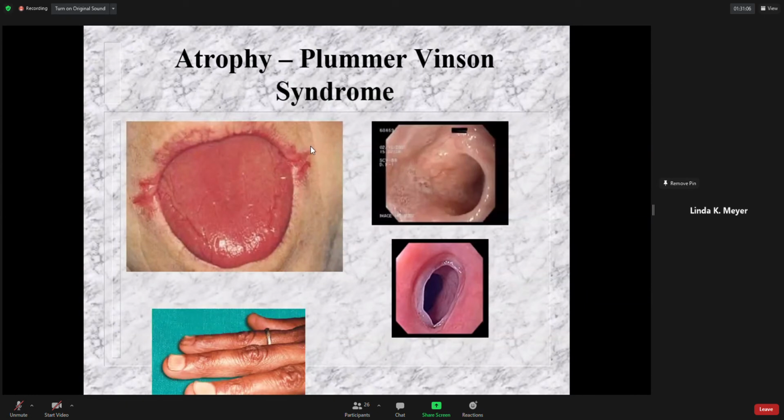So there's an atrophy of oral mucosa and the esophagus related to an iron deficiency. And unfortunately, individuals that are diagnosed with this are predisposed to oral and esophageal cancer.